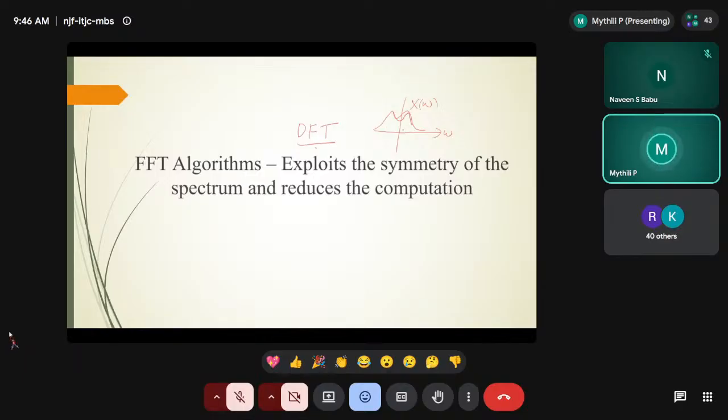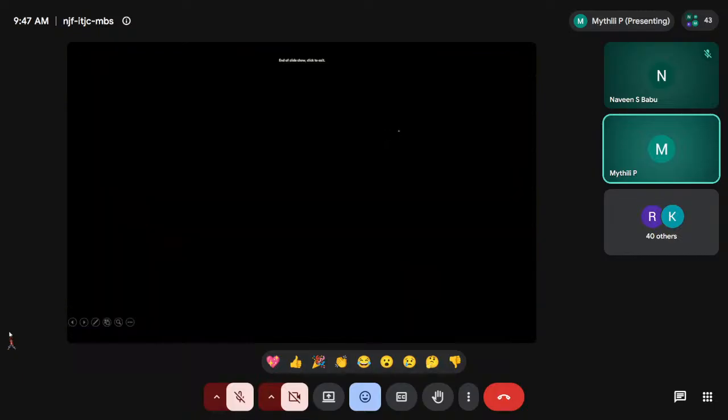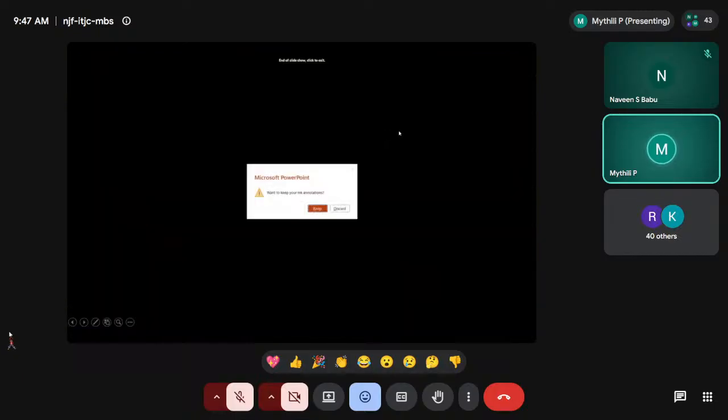This is what we are going to exploit. I don't know whether we did it in the class; we will do it the next day. So let's go into FFT.